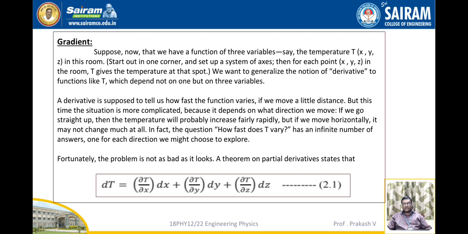We want to generalize the notion of derivatives to functions like T, which depend not on one but on three variables. So finally, the value of dT can be expressed as dou T by dou x into dx plus dou T by dou y into dy plus dou T by dou z into dz, that is equation 2.1.